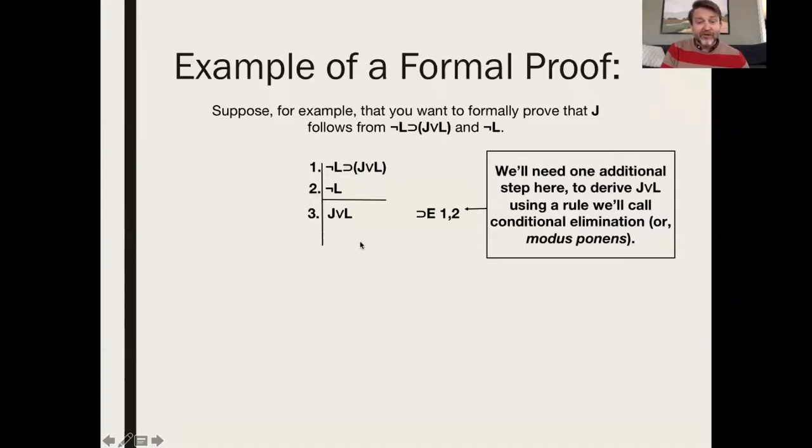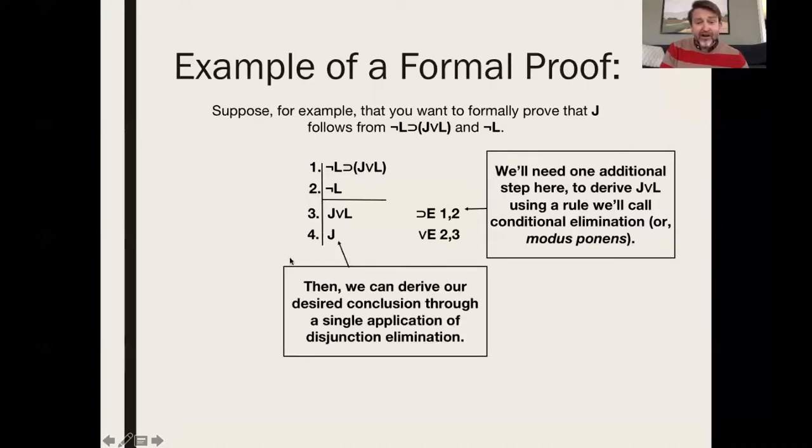Okay, and then once we have J or L, we are able to derive J, and the way we would do that is using disjunction elimination. So this is another rule. This rule tells us, remember, we know that for a disjunction to be true, one of its disjuncts has to be true. We know now that J or L is true based upon the assumption that our premises are true.